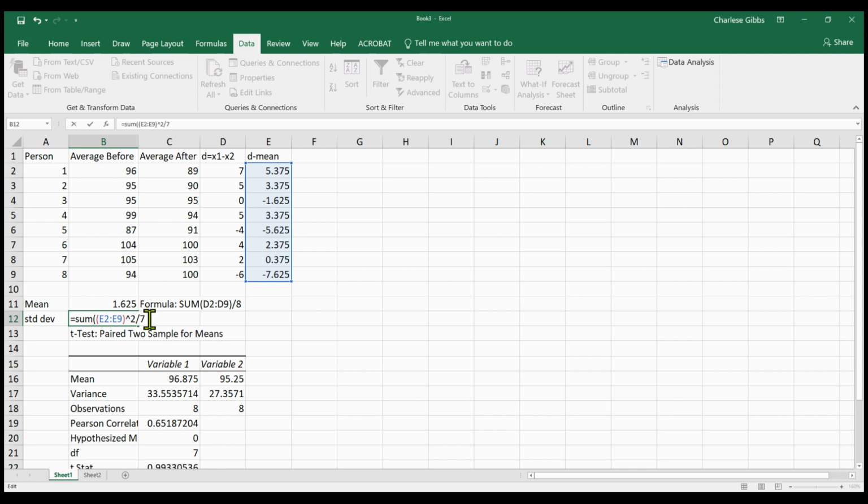Actually, I think I need to put an extra parentheses around this because all of this is actually under a square root. Let me put my square root in first. Maybe that might help. So square root, the sum of all that.